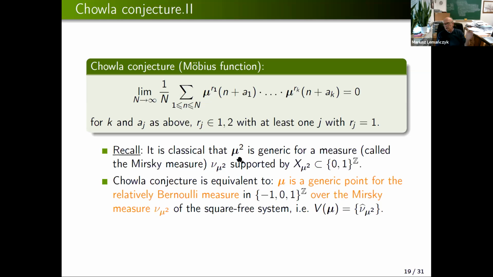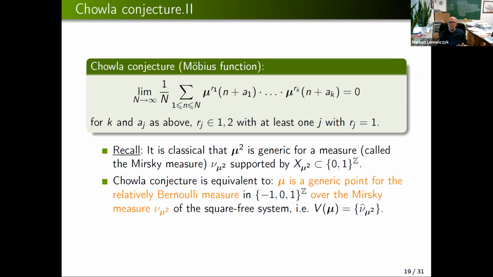This is, I think, 80 years old. This was a known result that this point is generic for a measure, but this measure has 0 entropy. Nowadays this measure is called the Mirsky measure. So you have that mu square is generic for a measure with 0 entropy, and then if you look at mu square, it's a sequence of zeros and ones, but when you go back to mu, over each one you have either +1 or -1.